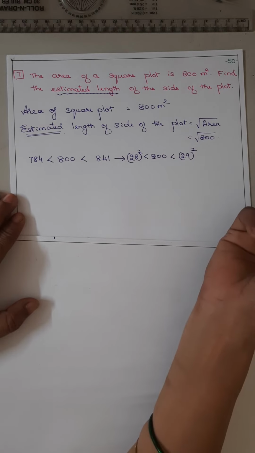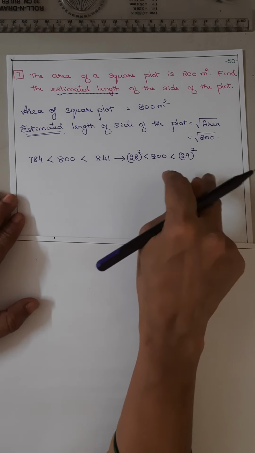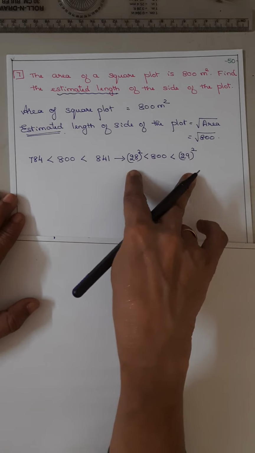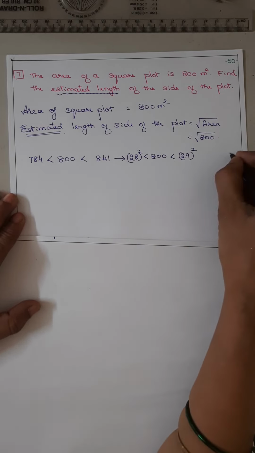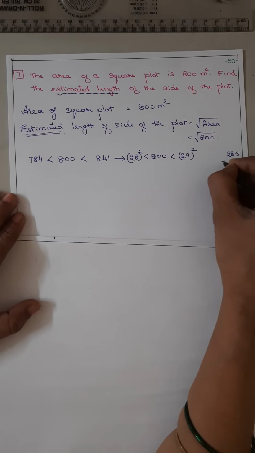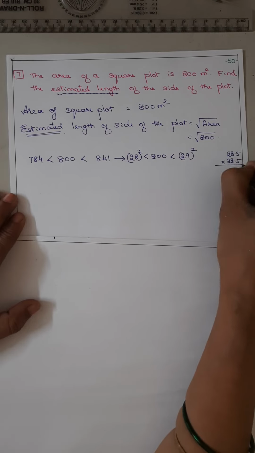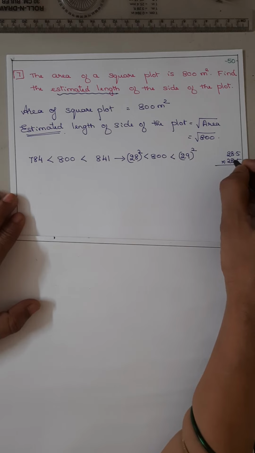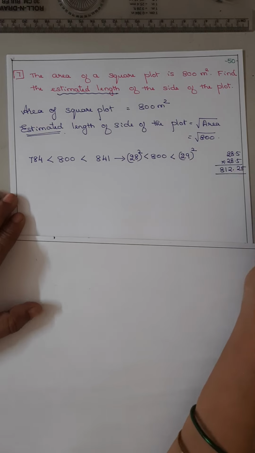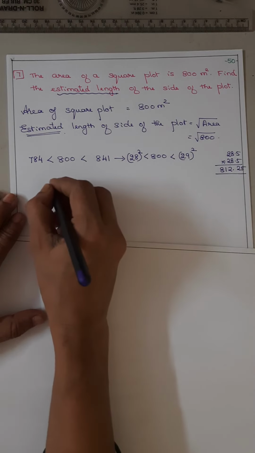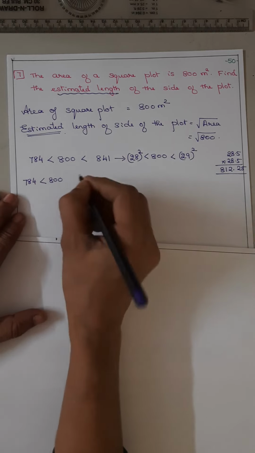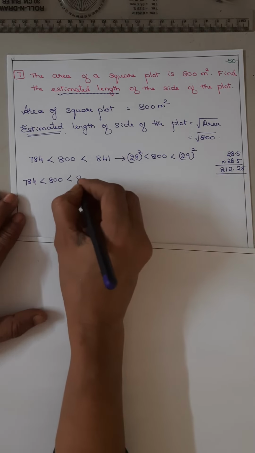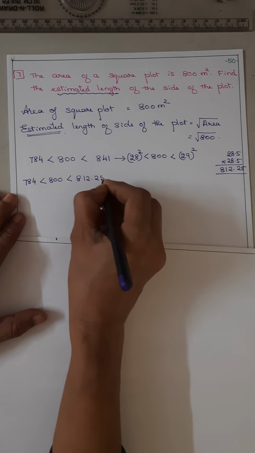We have recently done the estimation method, so it is in between, 28.5. So find out 28.5 square. It will be how much? 812.25. 812 means it is to the right side. 800 comes between 784 and 812.25.